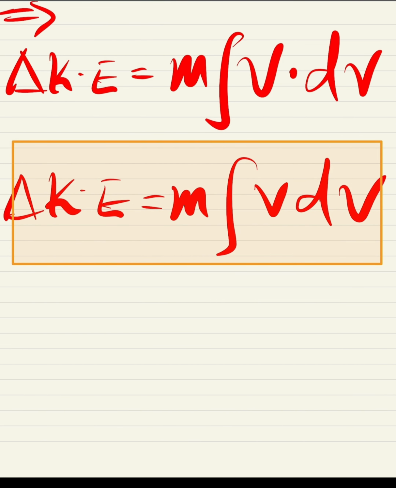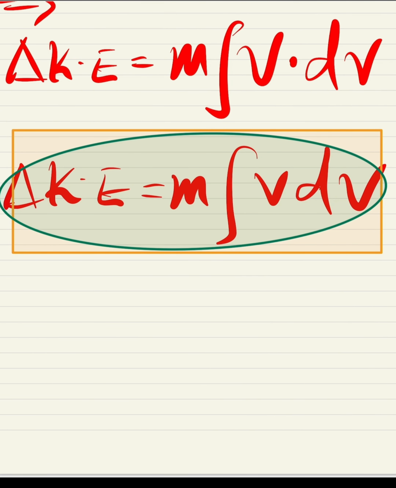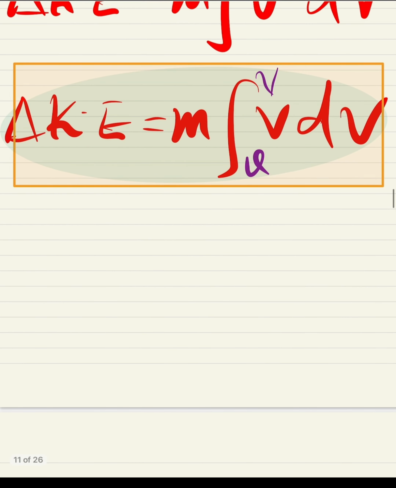From there, you can now integrate that. If you integrate this expression, you know how integration goes. You are going to be integrating from the initial value, with an upper limit here and then the lower limit, so from u to v.